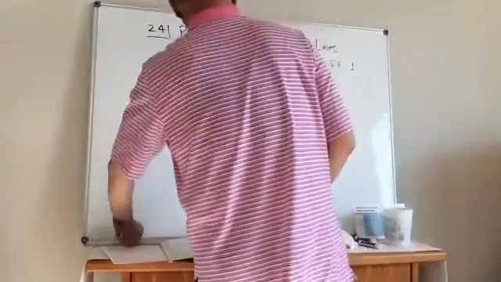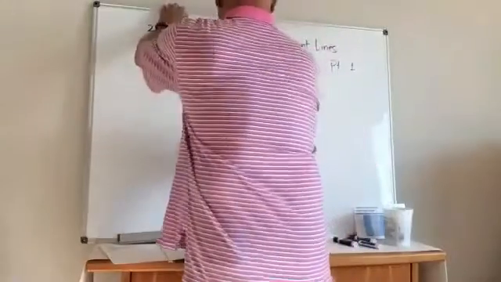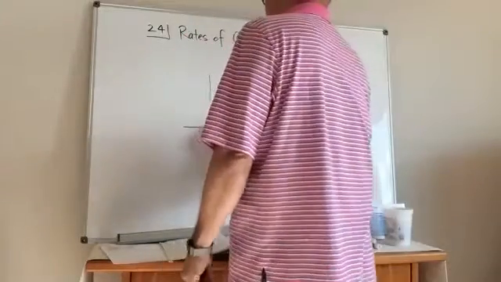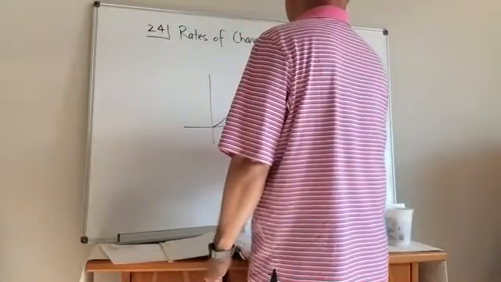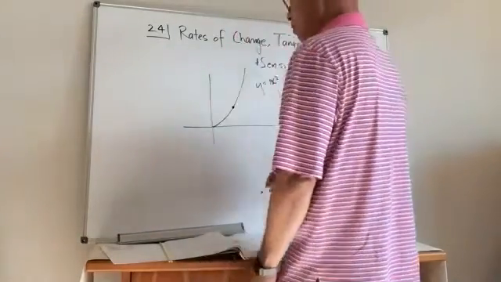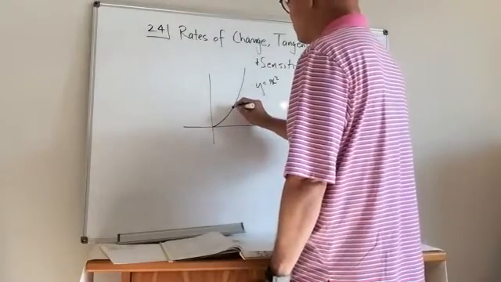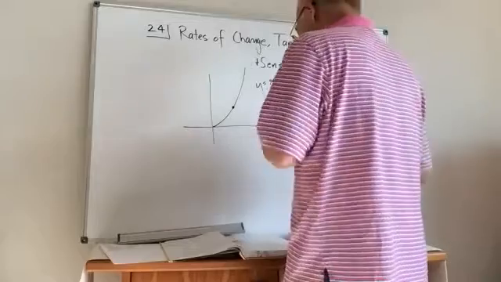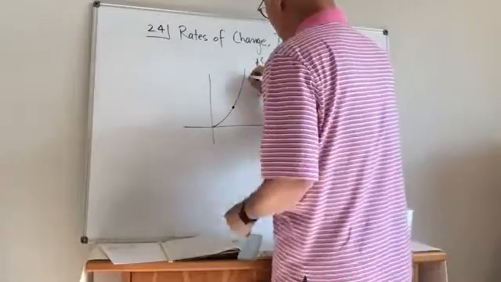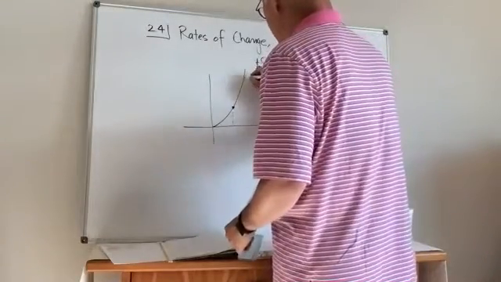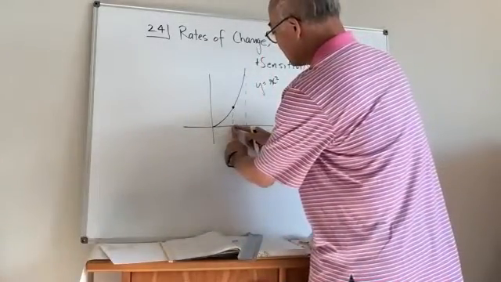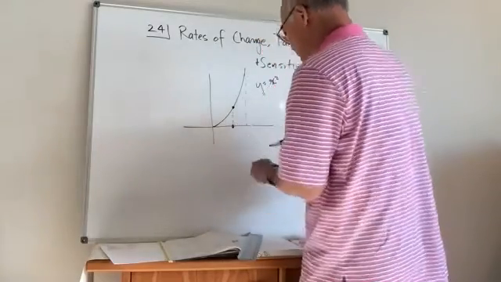So the tangent line, let's do something that's easy to look at. Let's say that I had y is equal to x squared here, and I want to know the slope of the tangent line at this point, okay? Because that is going to be the instantaneous rate of change. So I'm going to start at these two points, and I'm going to slowly bring this closer and closer and closer to this point right here, okay?